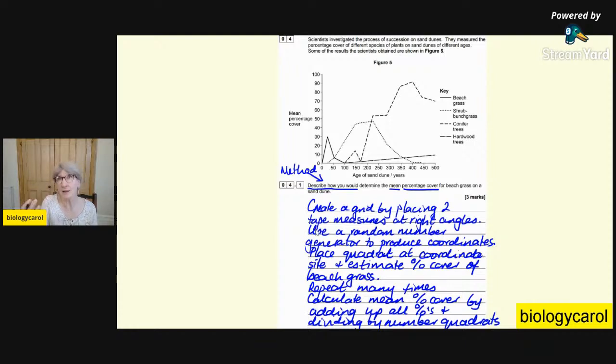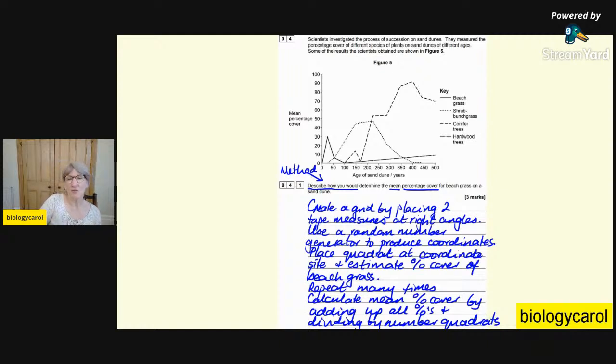So here am I thinking that I'm writing it in exam speak. I know they often like you to say how you make that grid, you know, 2 tape measures at right angles. Don't have to write any more. They also like you to say how you place your quadrat randomly.